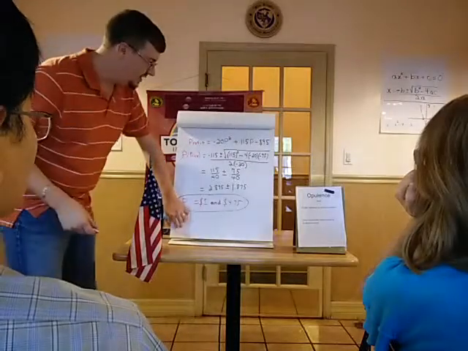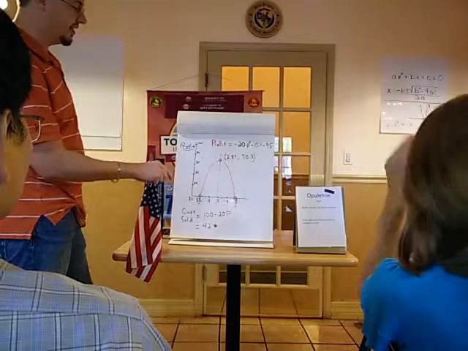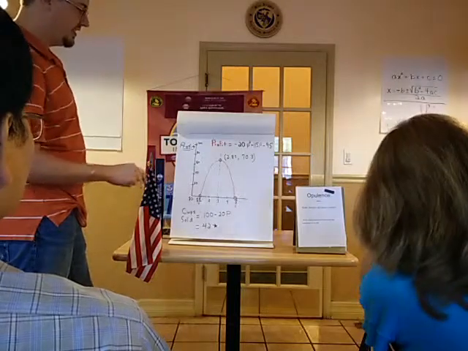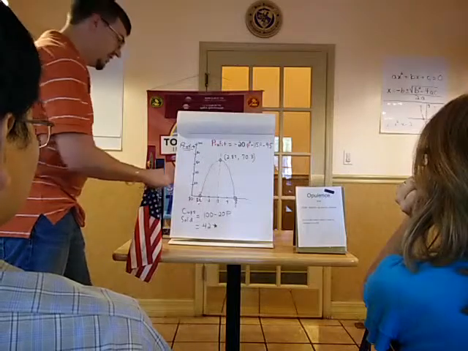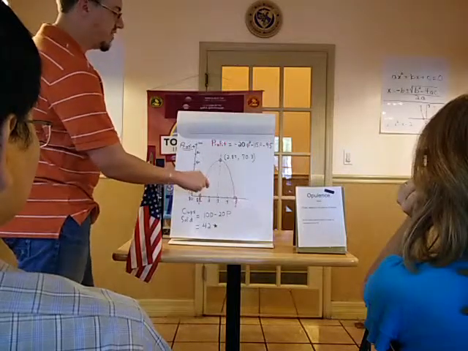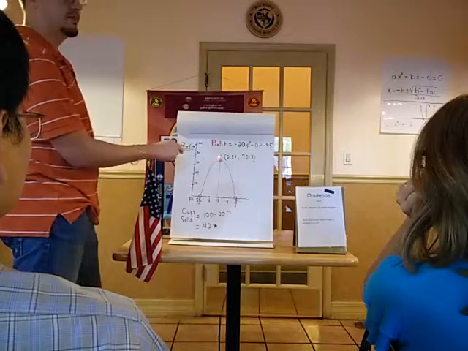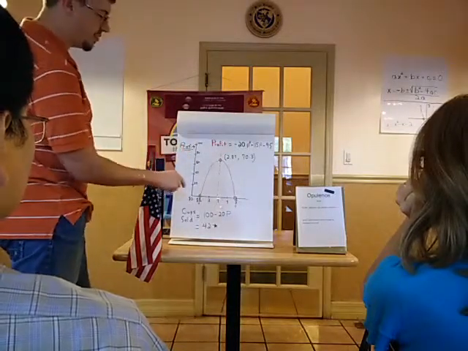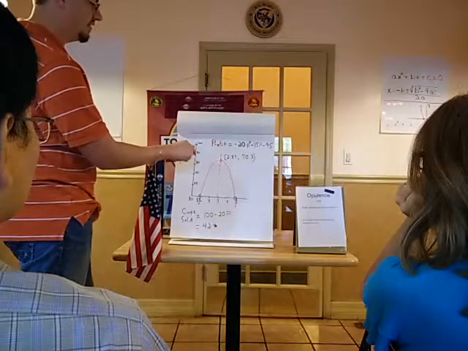But the beautiful thing about having a quadratic equation is that it is symmetric. Okay? Meaning that halfway in between where you break even here and where you break even here is your maximum profit. The price that you need to charge to maximize your profit is there.